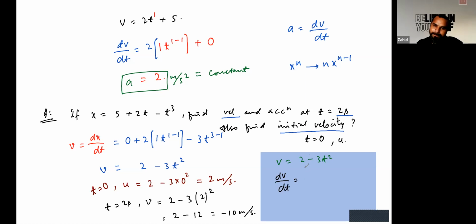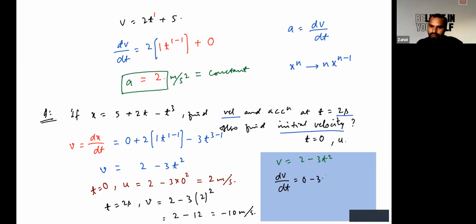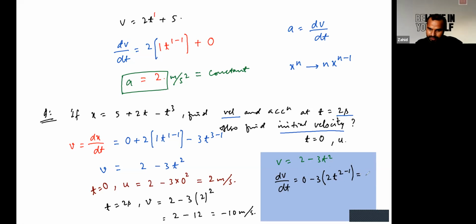Hiba, differentiation of 2 would be 0. Okay, minus 3 being the coefficient. We have t squared, so how do we differentiate it? 2t, t to the power 2 minus 1. So it will become minus 3 into 2t, which is minus 6t.